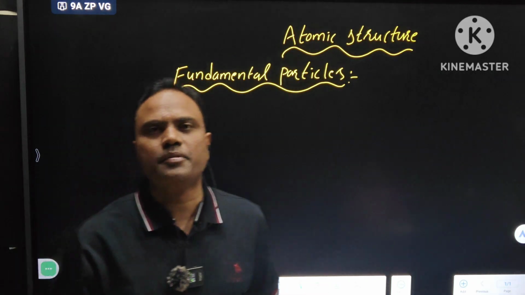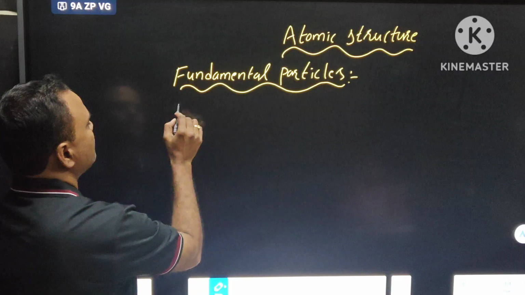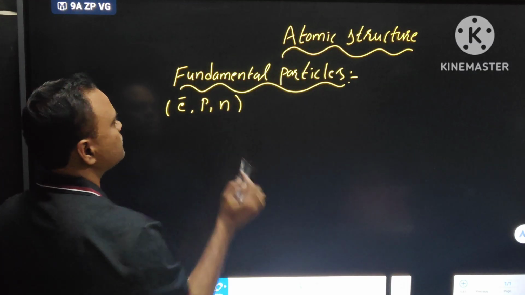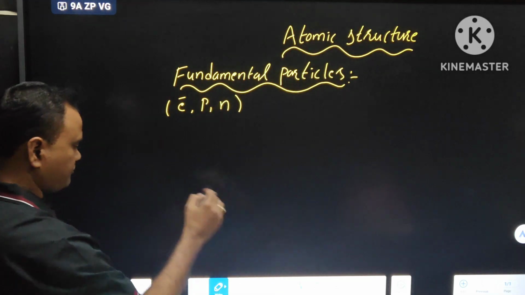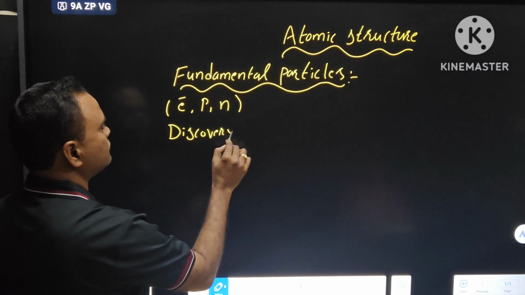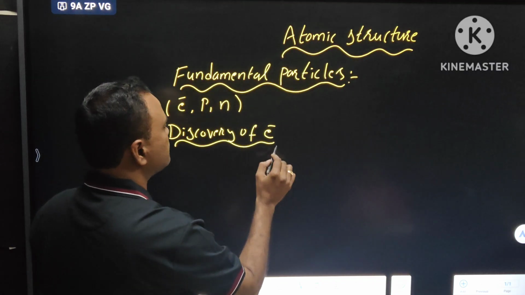We have three fundamental particles: electrons, protons, and neutrons. Let us see first the discovery of electrons.